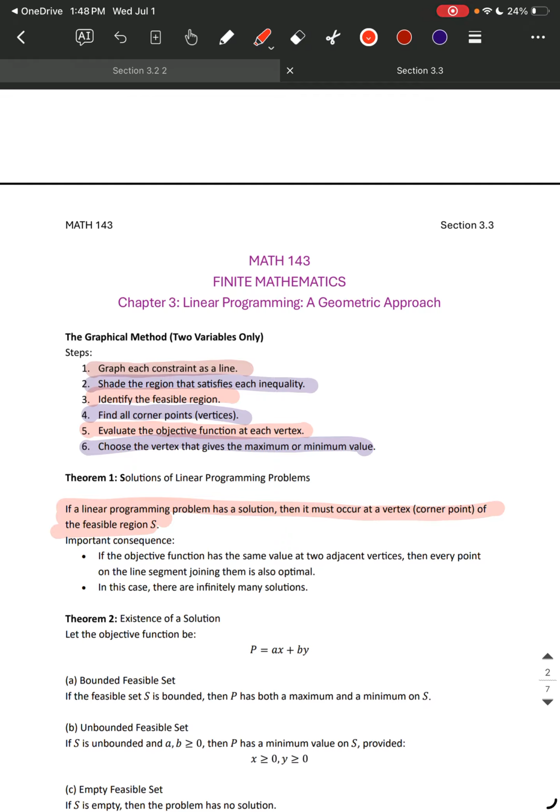We just find the corner points, draw the polygon, circle every corner, and never test random interior points. We only evaluate the vertices.